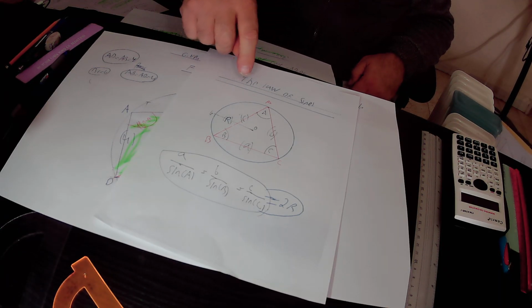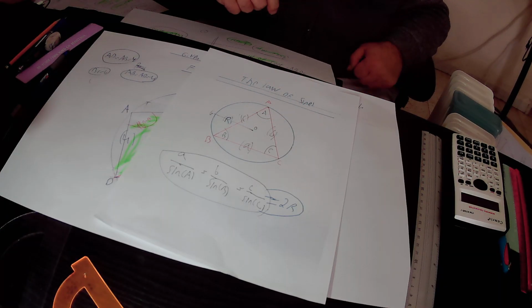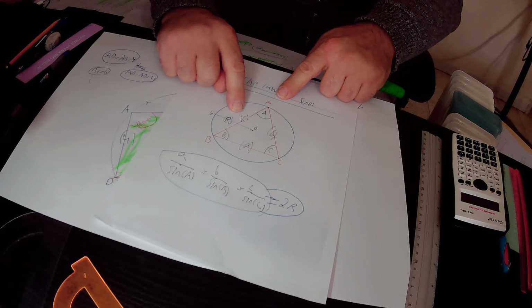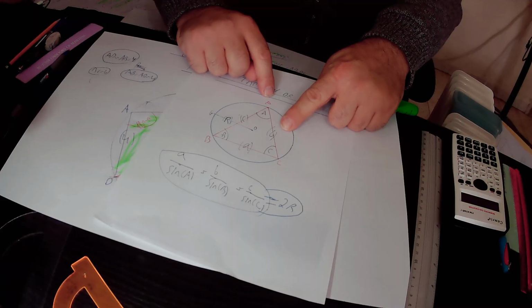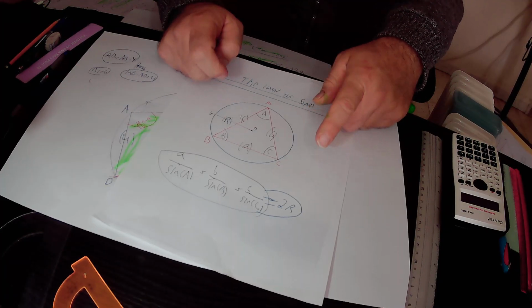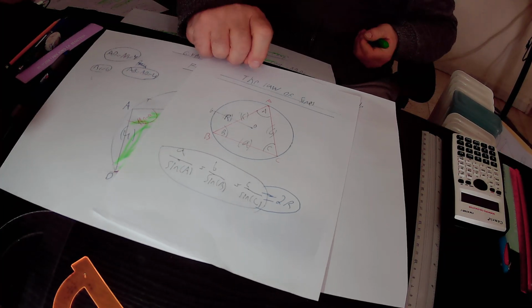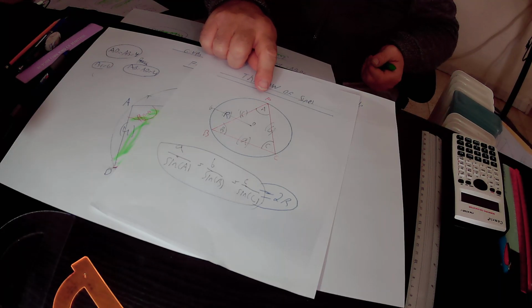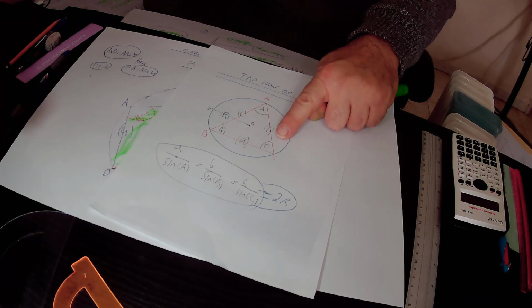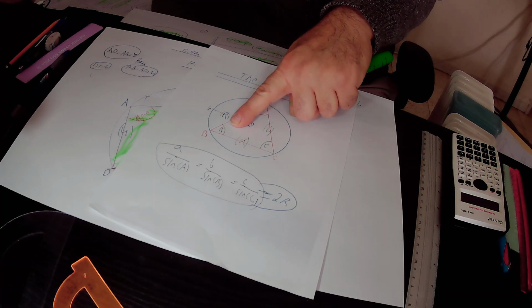Triangle ABC is inscribed by this circle. AB equals 3 units in length, AC equals 1 unit, BC equals 1 unit. This is angle BAC, equal to capital A. This is angle ACB, equal to capital C. This is angle ABC, equal to capital B.